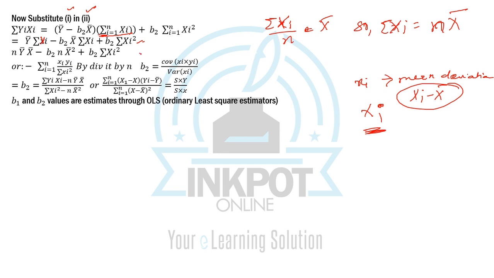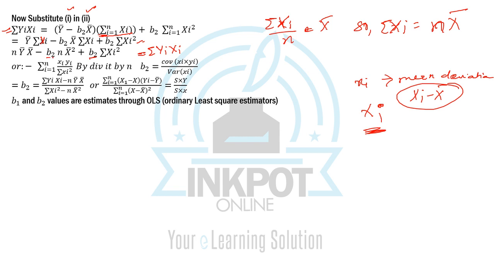So this is equal to summation yi xi, because from this equation we were just equating this equal to this. So we were solving the right hand side till now, and this is obviously equal to the left hand side. So we will find out the value of b2 from here.